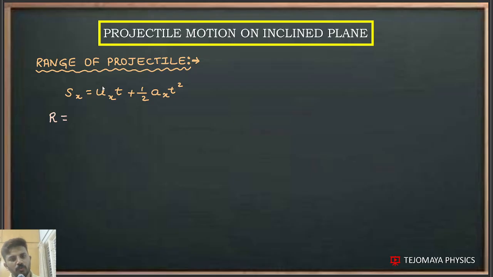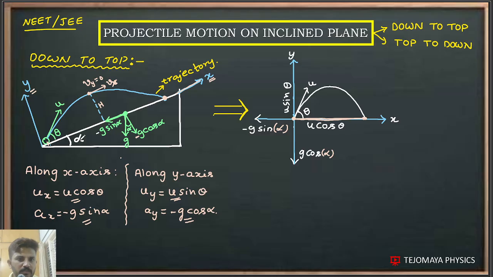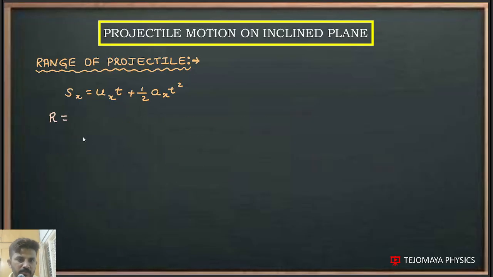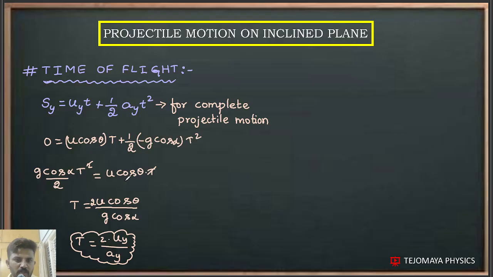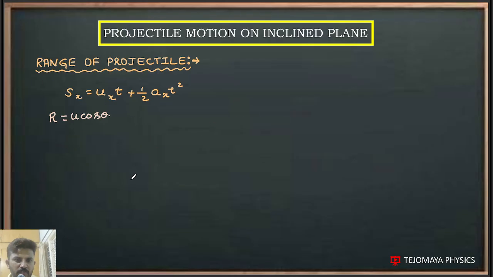That is u cos theta, into time of flight we have just derived, that is 2u cos theta divided by g cos alpha.